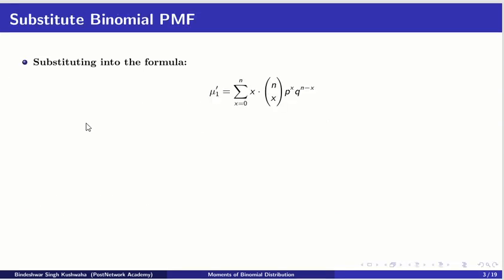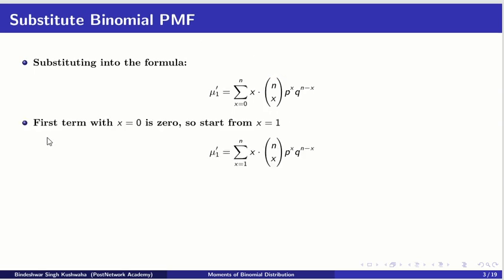So if we substitute into the formula, we will get x into the probability distribution expression. Let us start with 0. So one term cancels out, and the value would be 0.